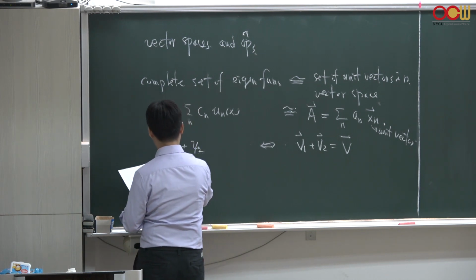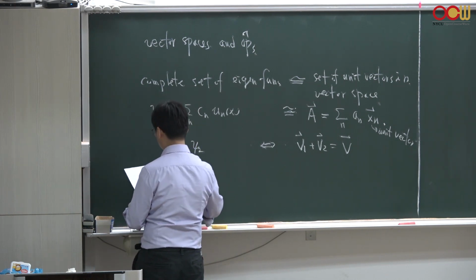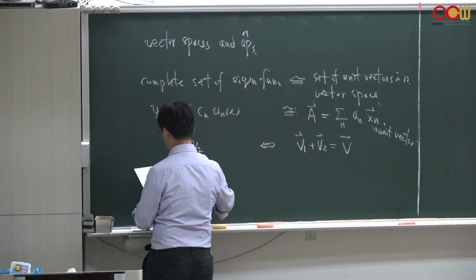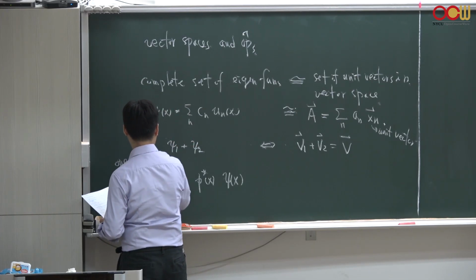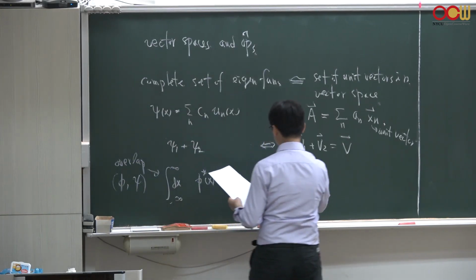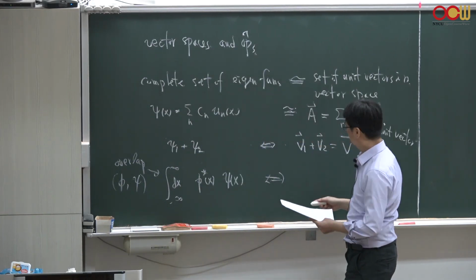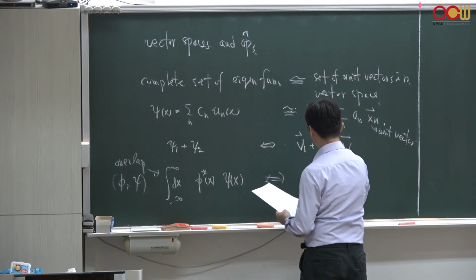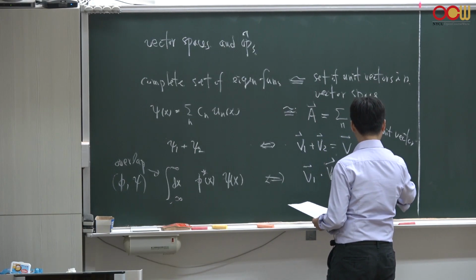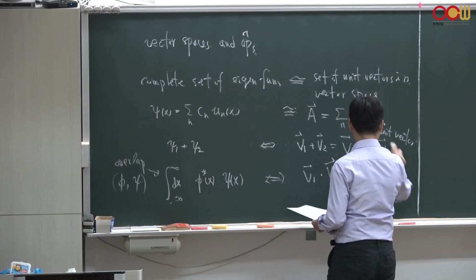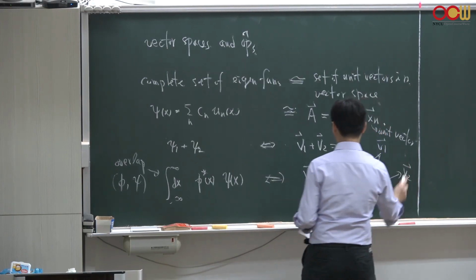The overlap between two wave functions is defined by this overlap integral. And this overlap integral in the vector analogy is simply v1 dot v2. So you calculate the inner product between the two vectors v1 and v2.